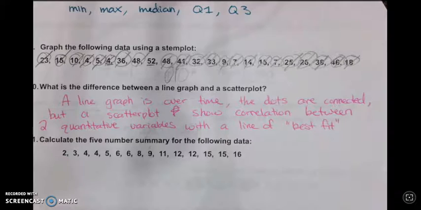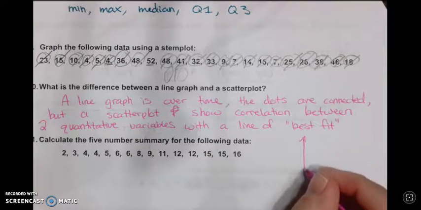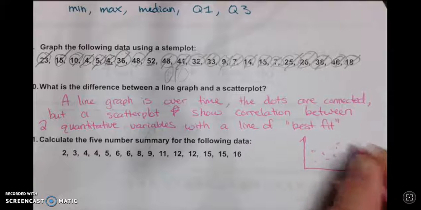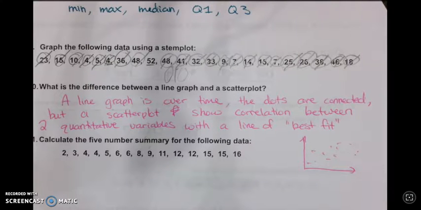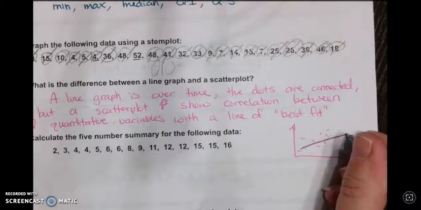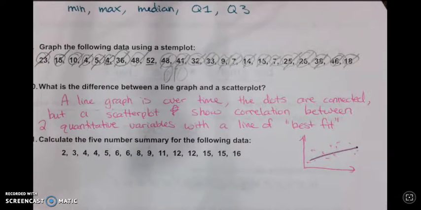So the line of best fit doesn't connect the dots, so it looks kind of something like this. If you have a scatter plot, so there's a bunch of dots, so the line of best fit would be a straight line through those. Where a line graph, it's connected.